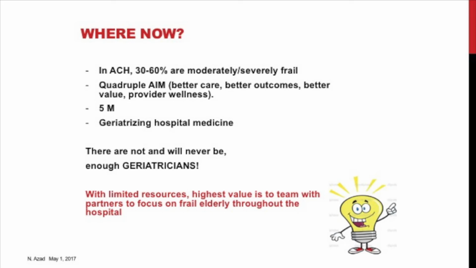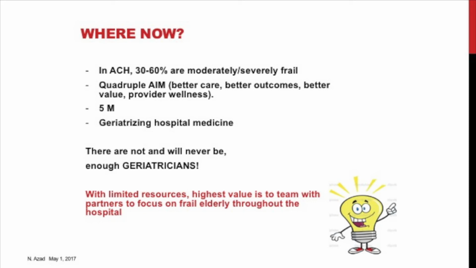It used to be the triple aim, now it's quadruple, because they realize if you really want to keep your population well, you have to look after your healthcare providers. When they are burned out and stressed, they are not at their best. We know that. Our division is adopting 5M, and the question I have is whether provider wellness is part of that, something to think about.